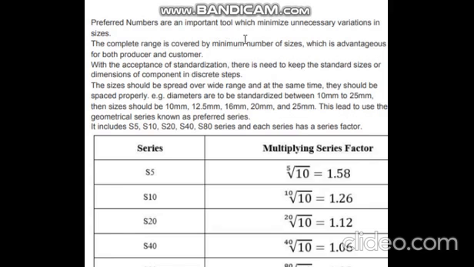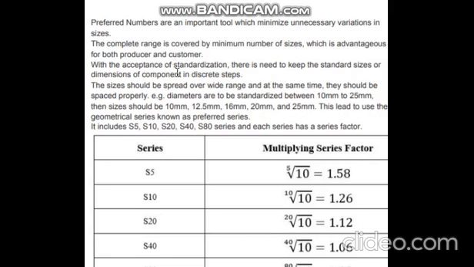So here also, through these preferred numbers, we are minimizing unnecessary variations. A complete range is covered by a minimum number of sizes. Only a few sizes are specified, and this is advantageous to both the producer and the consumer, or the customer.